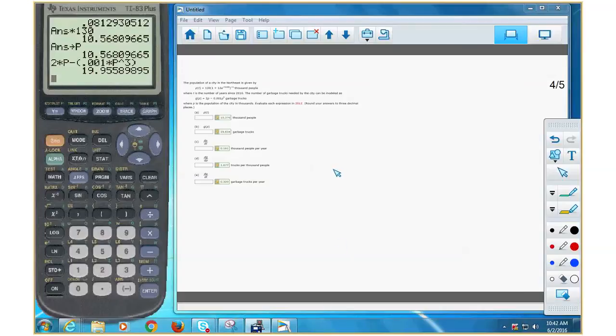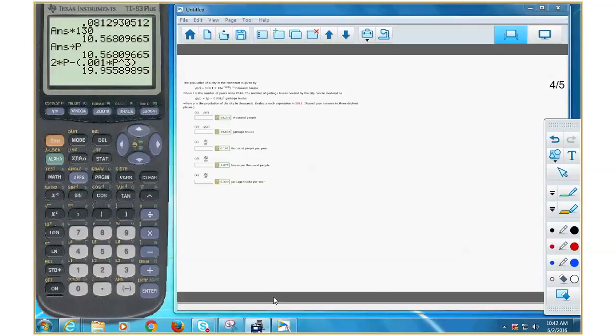I got 19.99589895. So how many garbage trucks do you need? 20. For 11 million people, or however many people there are. Okay, 11 million, whatever.